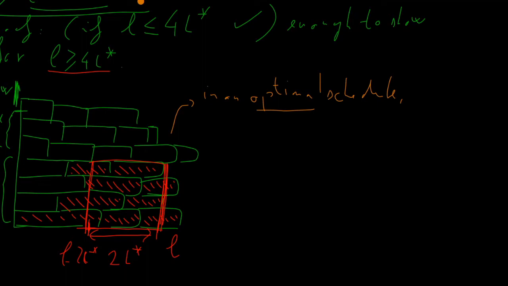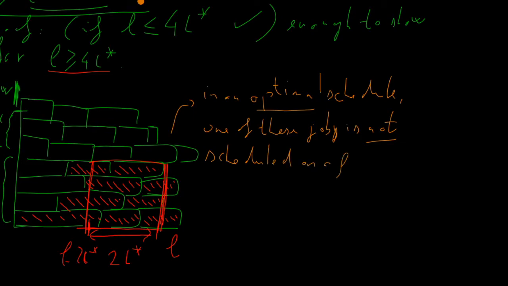One of these jobs is not scheduled on a fast machine, because if all the jobs are scheduled here, then the makespan would be at least 2L star, which is larger than L star, which is the optimum.